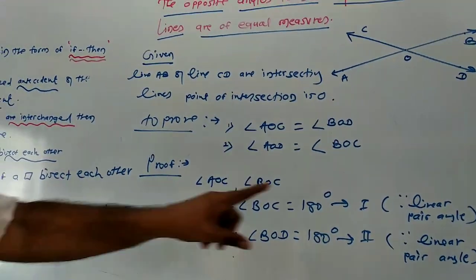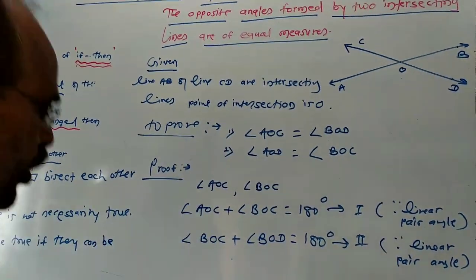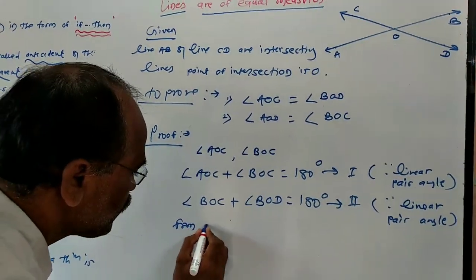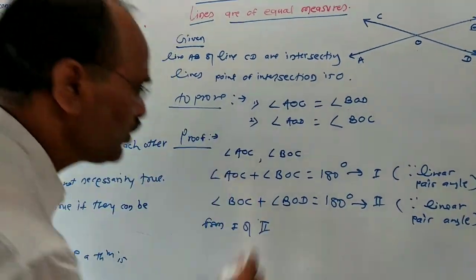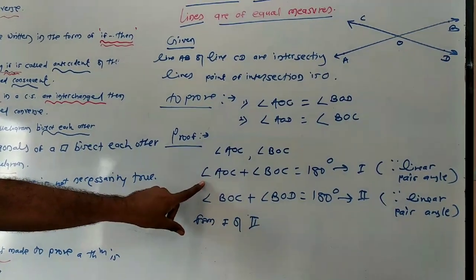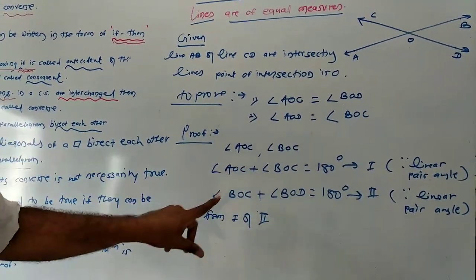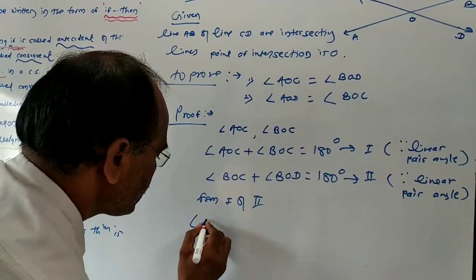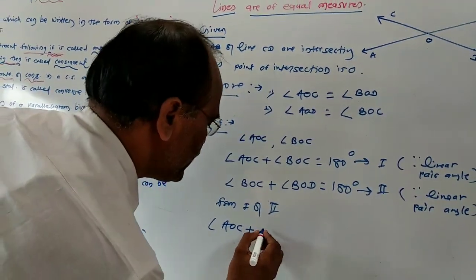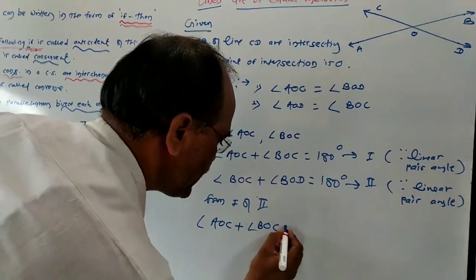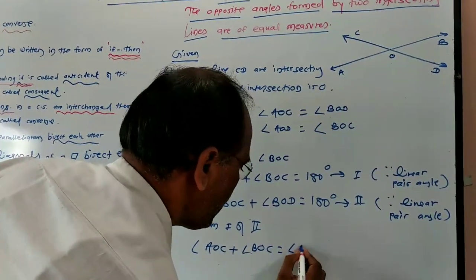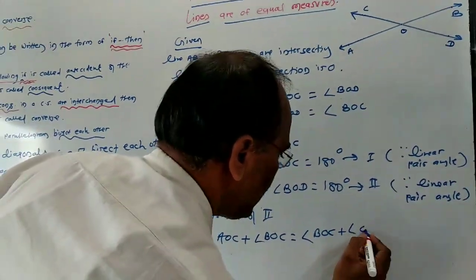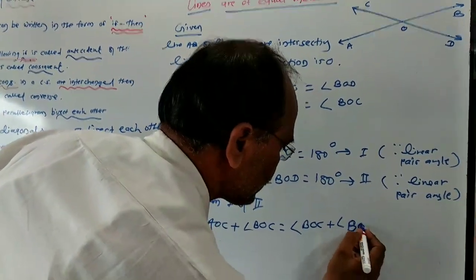Now, from 1 and 2, we get angle AOC plus angle BOC equals angle BOC plus angle BOD.